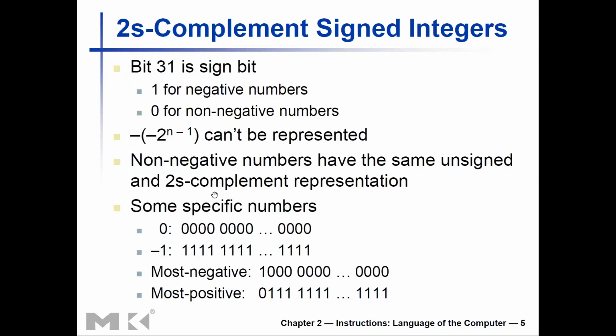And non-negative numbers have the same unsigned and 2's complement representation. So if you get a positive number, something like 10, 20, anything like that, and you try to represent positive 10 in 2's complement representation, it's going to be similar to the unsigned representation.